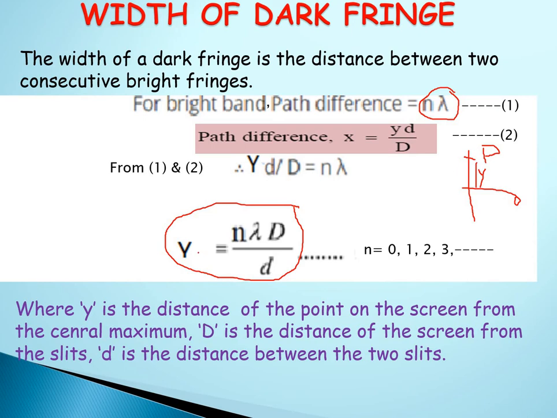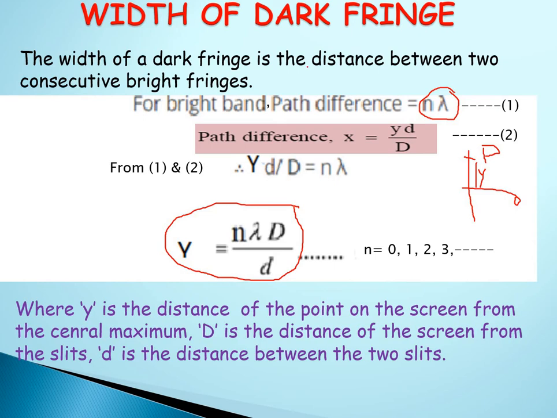So the position of the bright fringe on the screen is y equal to n lambda D by d, where n is equal to 0, 1, 2, 3. Children, once again I will explain. If you remember the derivation for path difference x, we considered a point P on the screen at a distance y from the central maximum. That time we were not aware whether that point P is a dark spot or a bright spot.